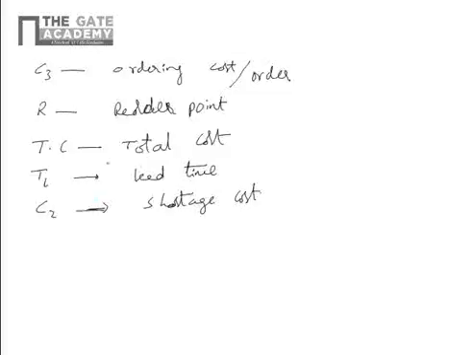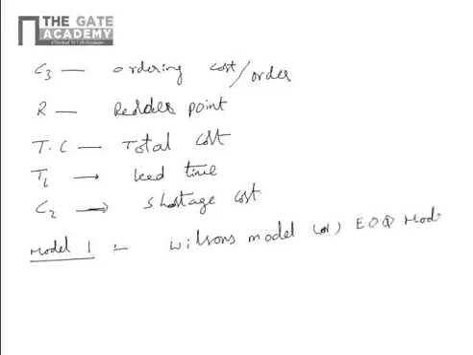The first inventory model. The assumptions of the first inventory model. This is also called Wilson's model, economic order quantity model. Model 1, Wilson's model, or EOQ model, economic order quantity.